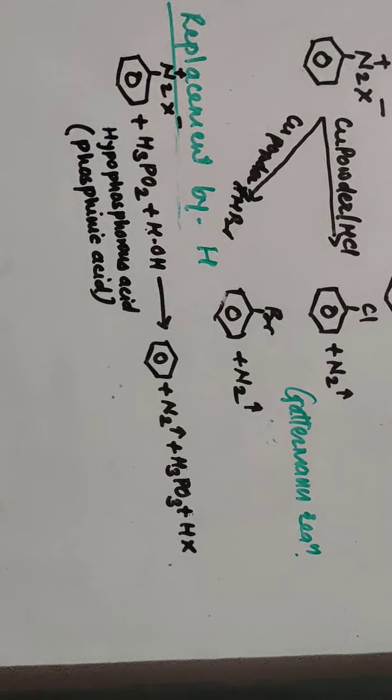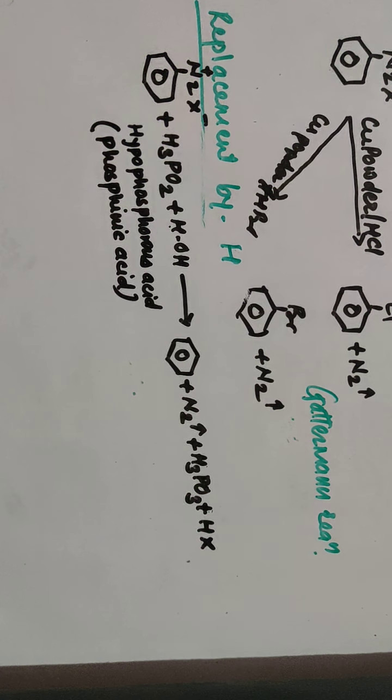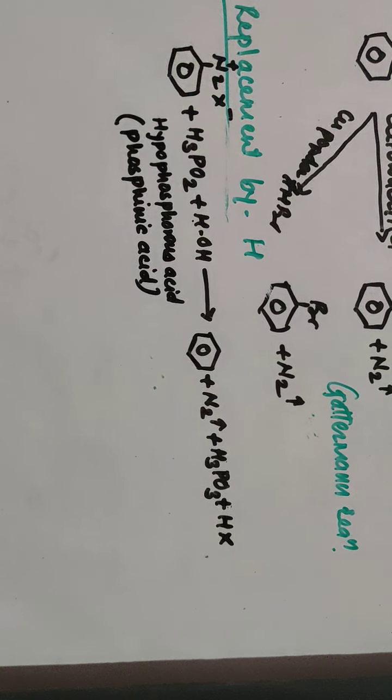So that you will get benzene. So the diazonium salt on treatment with hypophosphorous acid gives benzene along with evolution of nitrogen gas.